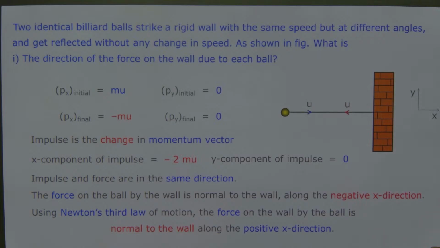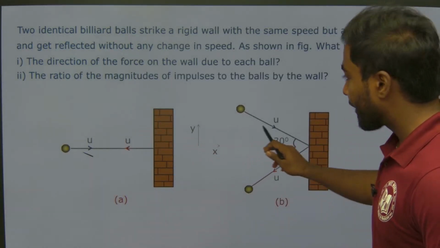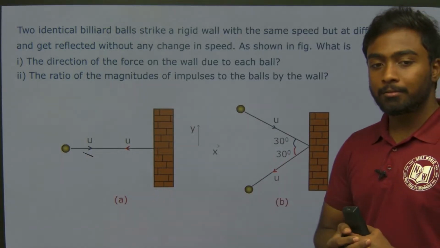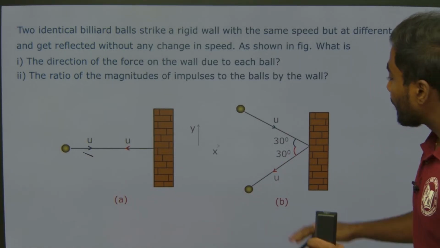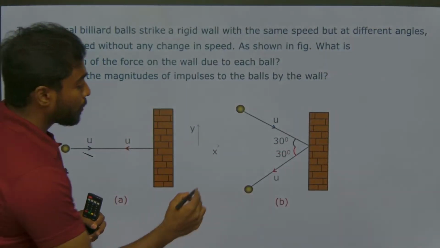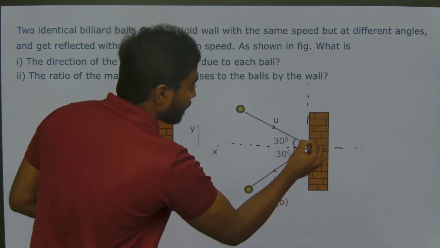So the first part of the question is this diagram, in a straight manner. The second part of the question is making an angle theta, which is 30 degrees. So in this case we will take components. Let me take this as my x axis and this as my y axis.